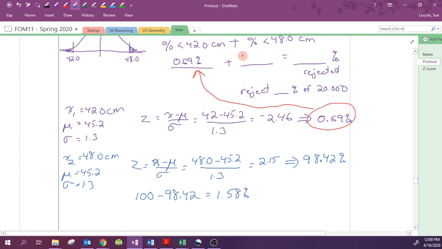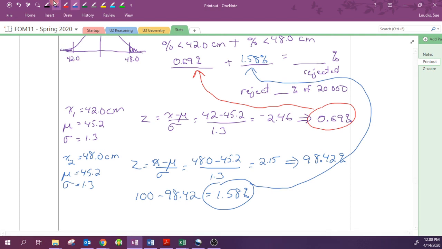And I'm going to write that up here, 1.58%. And I'm going to draw a line. There we go. So I've got my two numbers. I'm going to add them together. And when I add them together, I get 2.27%.